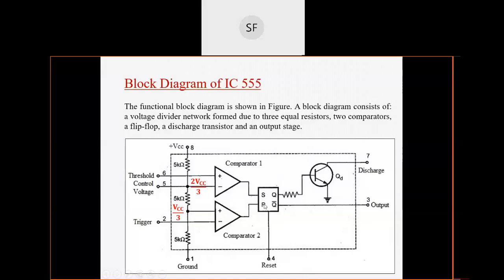And if R is 1, that is reset is high, then your Q will be 0. Q and Q bar are complements of each other, meaning they are complementary in nature.